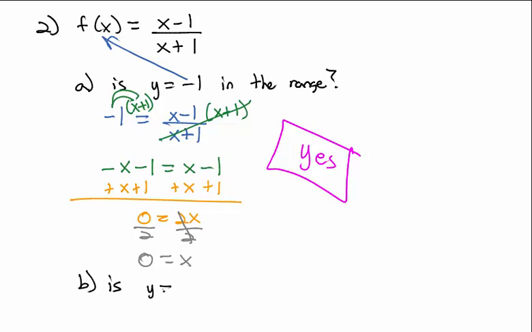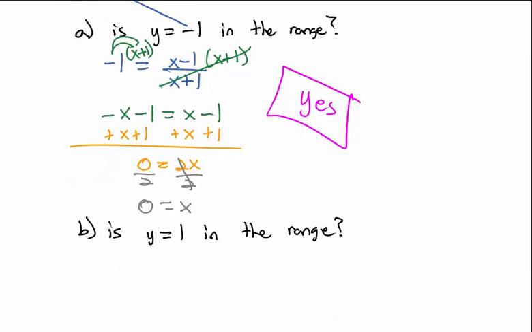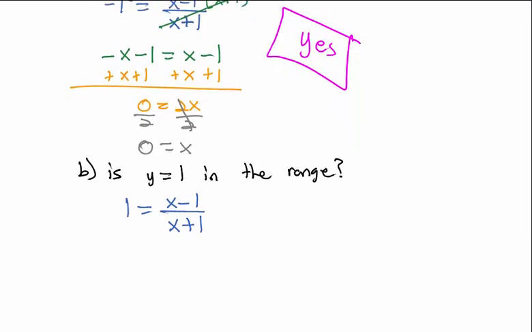What about is y equals positive 1 in the range? Well, we'll plug positive 1 in, so we've got positive 1 is equal to x minus 1 over x plus 1. Multiply both sides by the denominator again to clear it of x plus 1. Gives us x plus 1 equals x minus 1.